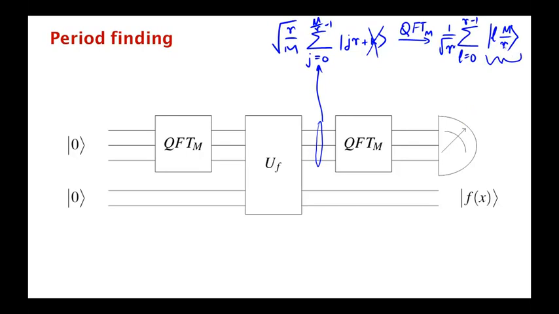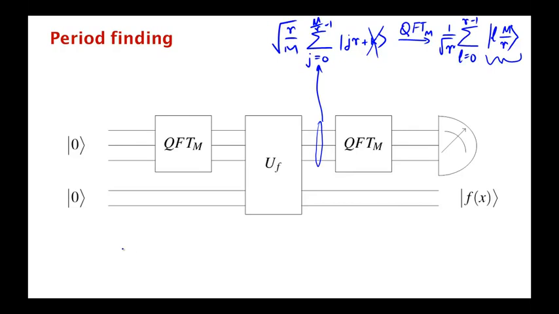Here's the upshot. What we did was we managed to come up with a quantum circuit which is efficient, because our quantum Fourier transform is efficient, our circuit for computing f is efficient, and every time we run the circuit, we make a measurement here, and we see a random multiple of m over r.